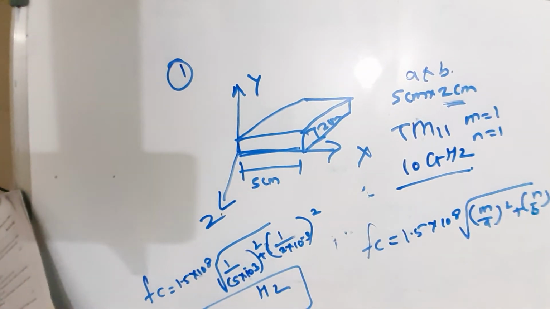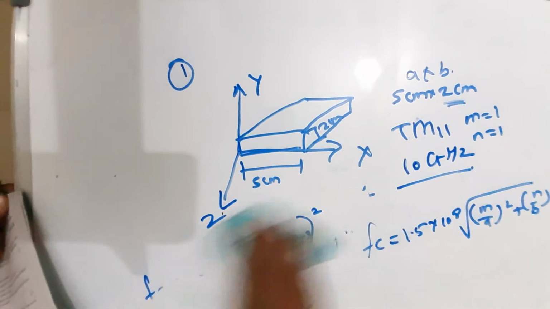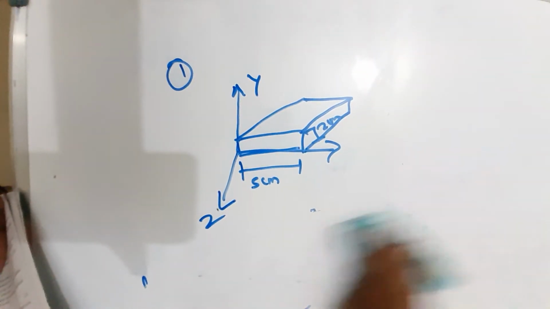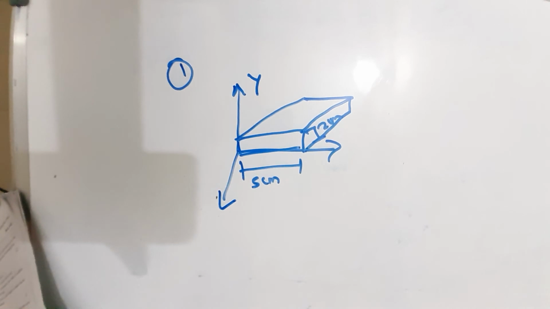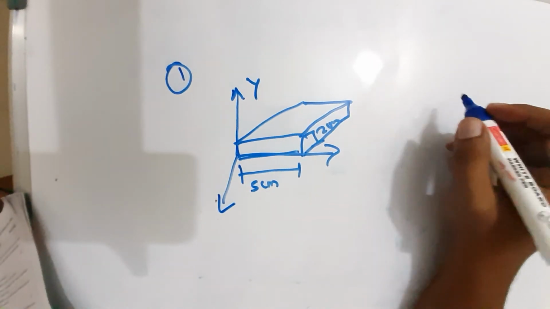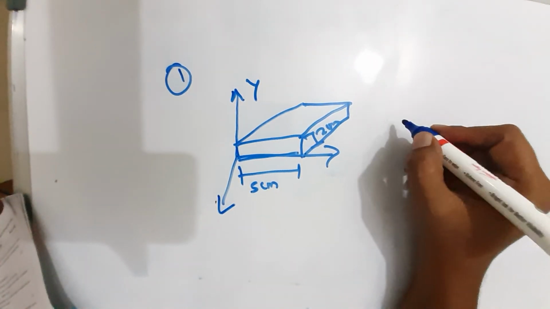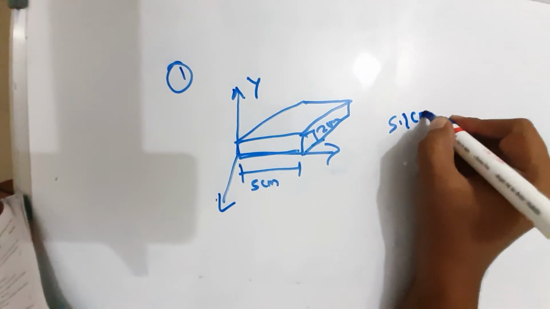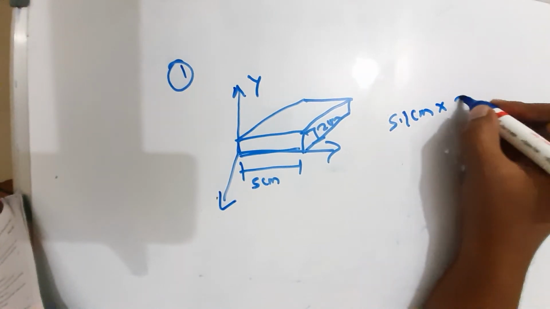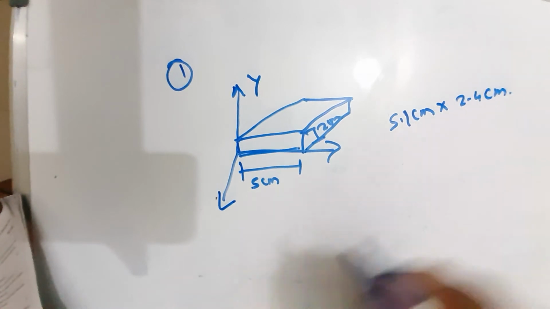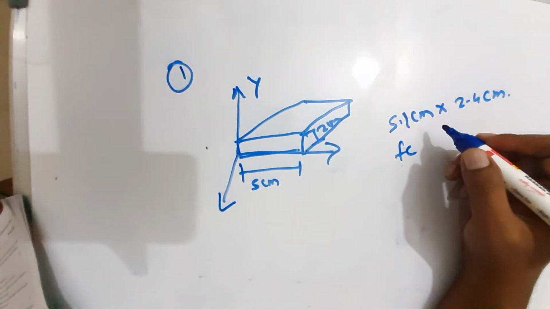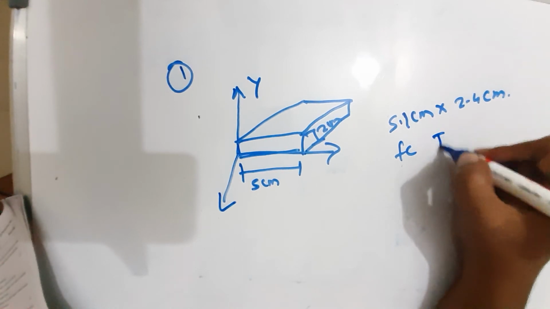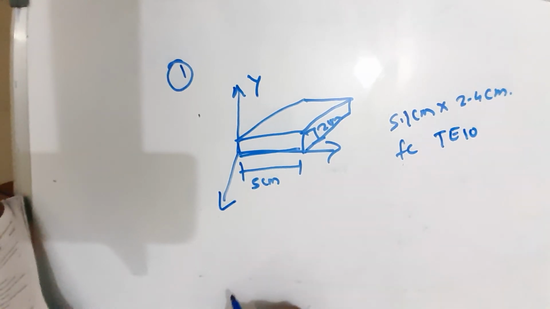Similarly, we will go for the next problem. A rectangular waveguide has a cross section of 5.1 centimeter into 2.4 centimeter. Calculate the cutoff frequency for the dominant mode, that is the TE10 mode.